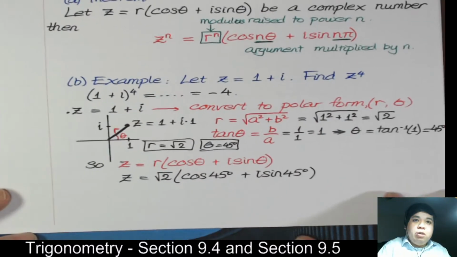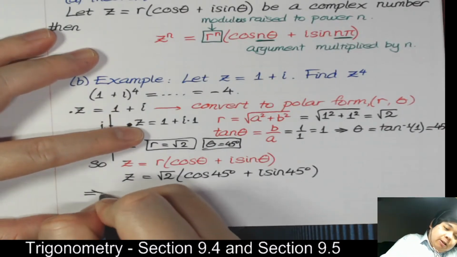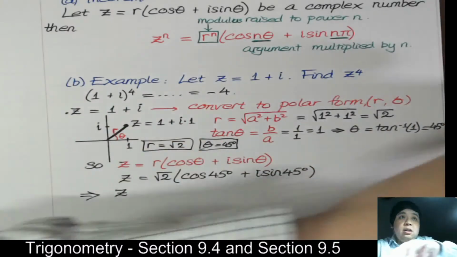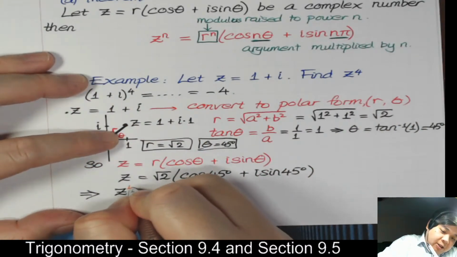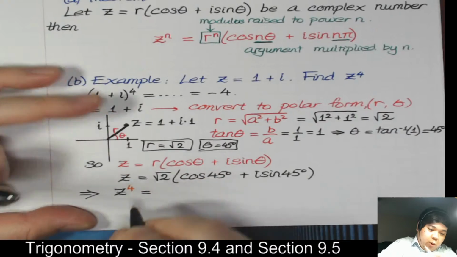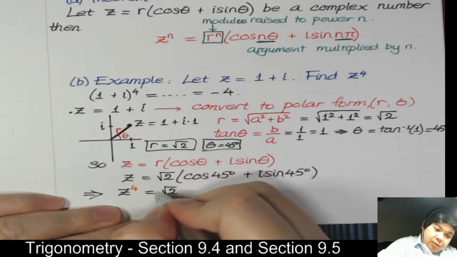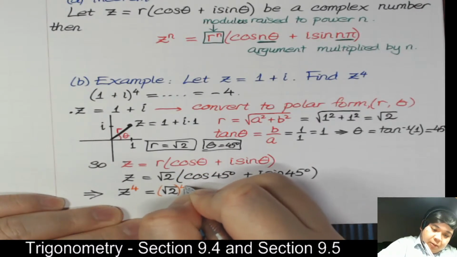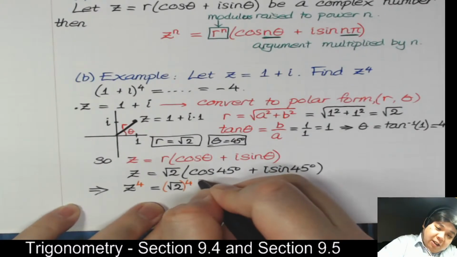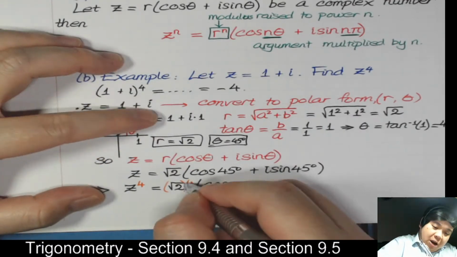And then De Moivre's Theorem is very simple. We raise everything to the fourth power, right? Now we have the fourth power. With the fourth power, we raise the modulus to the fourth power, and then multiply the argument by the same number.